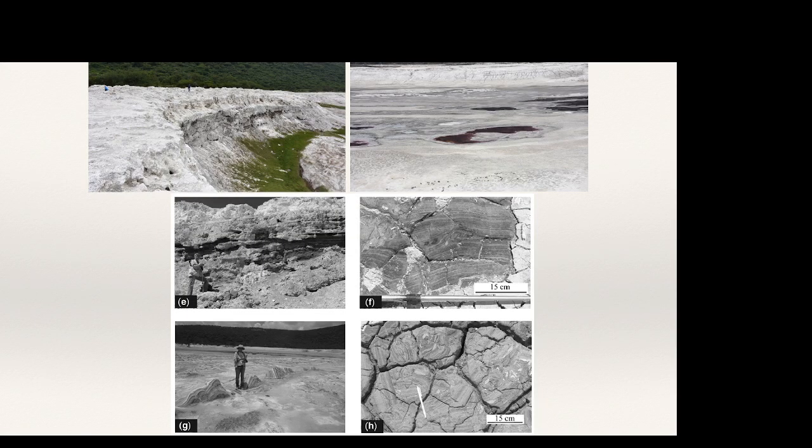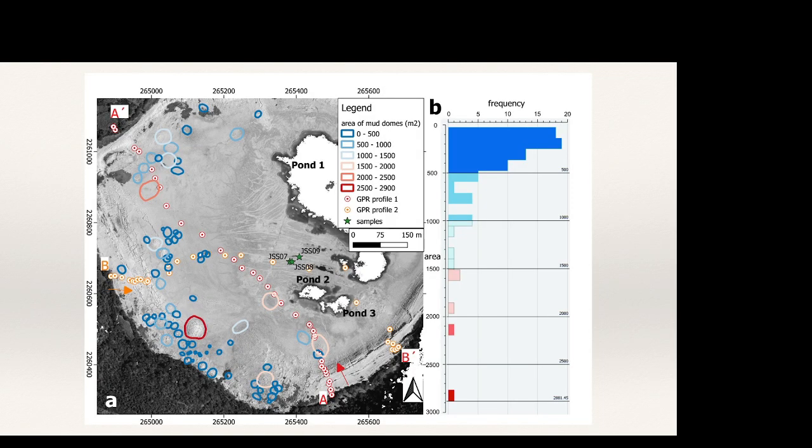These are views of the central part of the crater. This is all white sediments. This is the fault that is around. These are the remnants of the ponds, and we can see a lot of sedimentary structures around the crater.